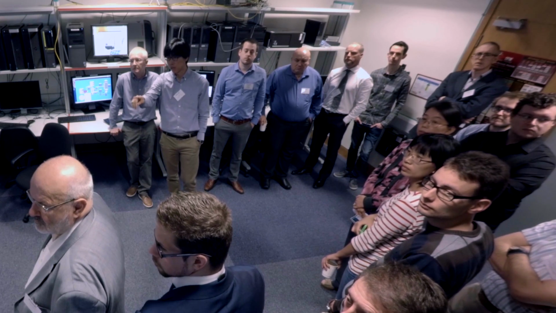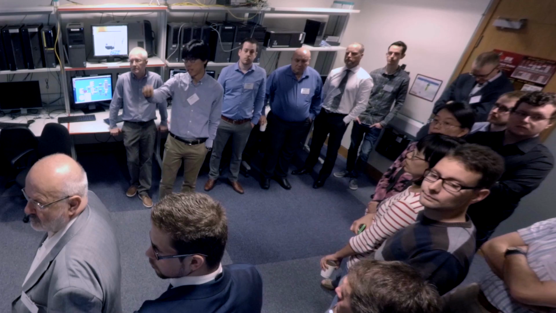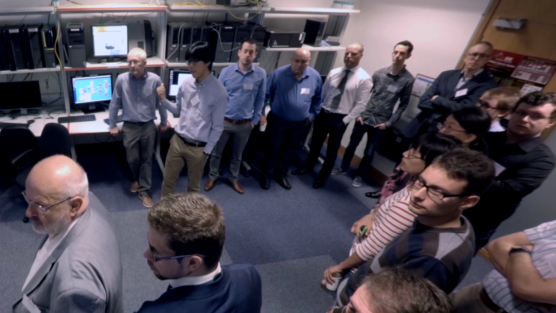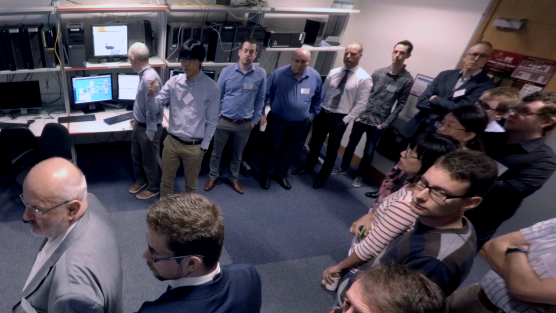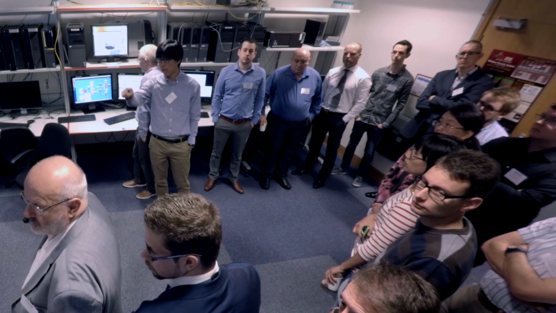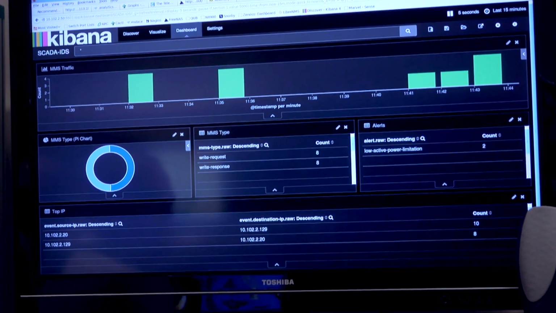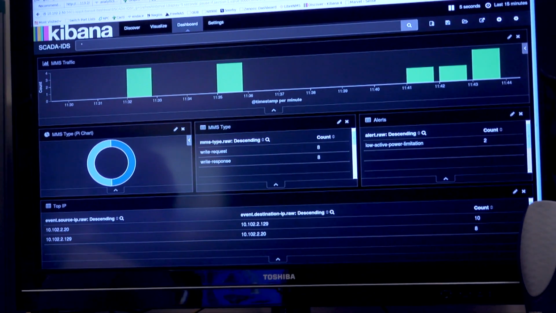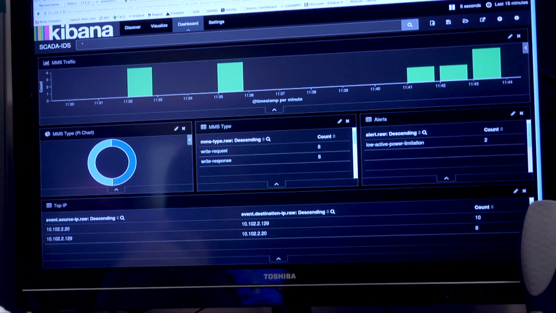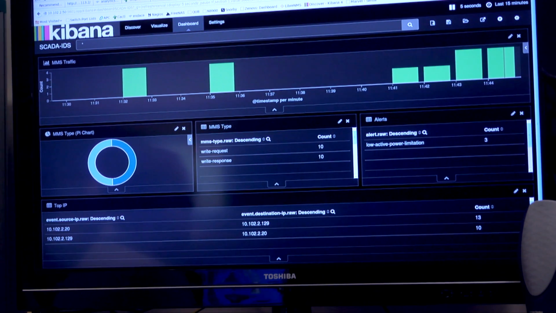So as you remember, on the rightmost, the bar graph showing the number of traffic, which is before the man-in-the-middle attack, we changed the value for the power limitation. You can see number 2 and number 2. And the last one is when we changed the power limitation to 80 something after the MITM attack.